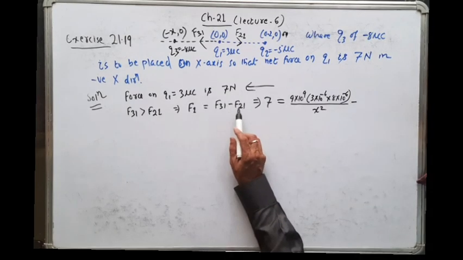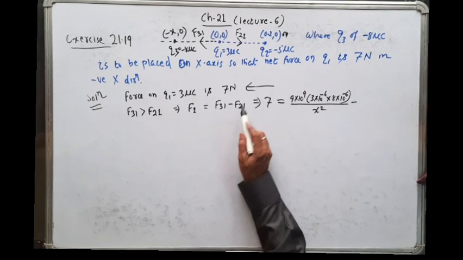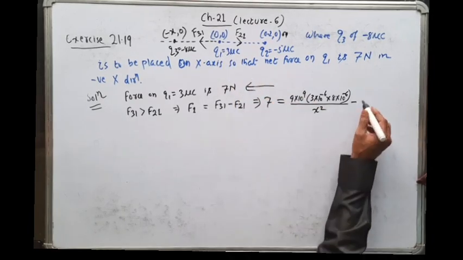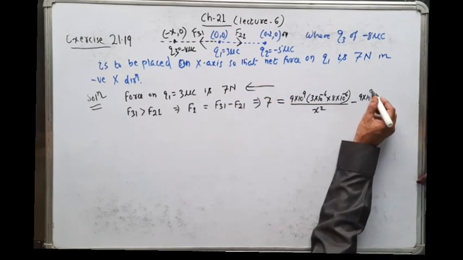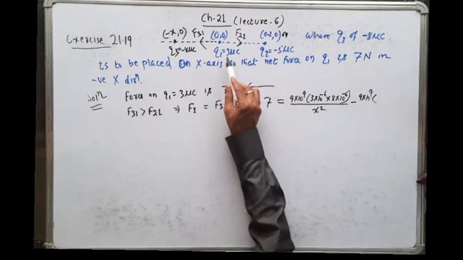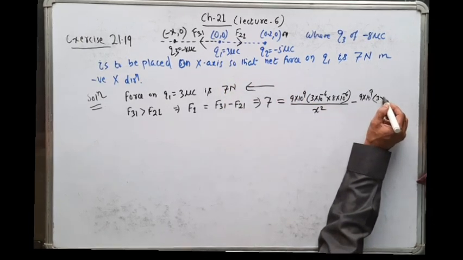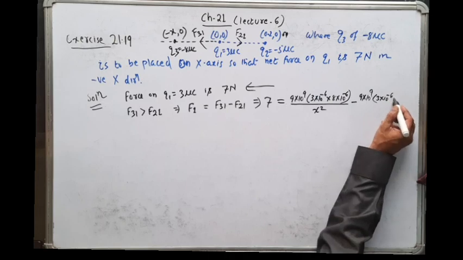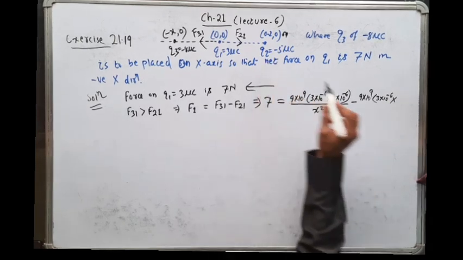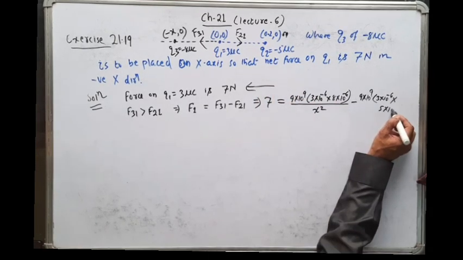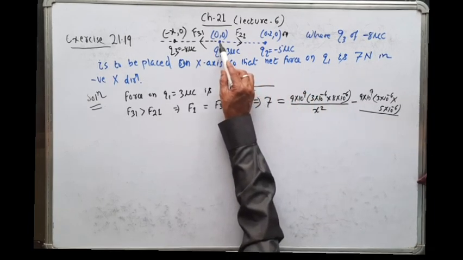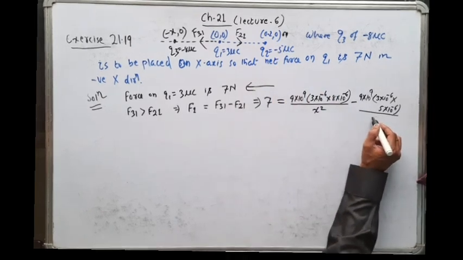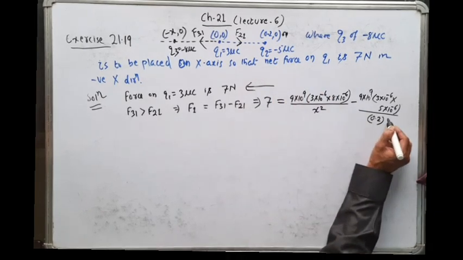Minus, what is the force between Q2 and Q1? Q2 and Q1. So what is the magnitude? Same 9 into 10 to the power 9 into Q1 is 3 microcoulomb, 3 into 10 to the power minus 6, into, what is the value of Q2? 5 microcoulomb, 5 into 10 to the power minus 6, divided by, what is the distance between Q1 and Q2? 0.2, that is in meter, 0.2 square.